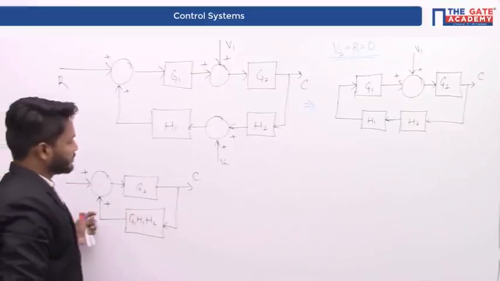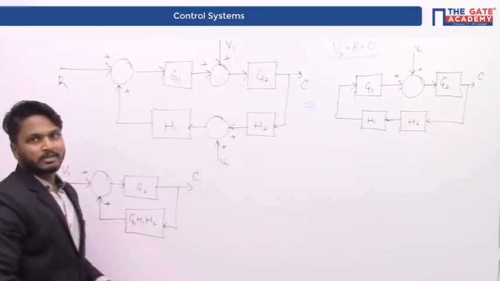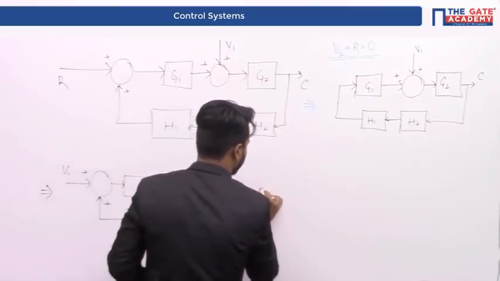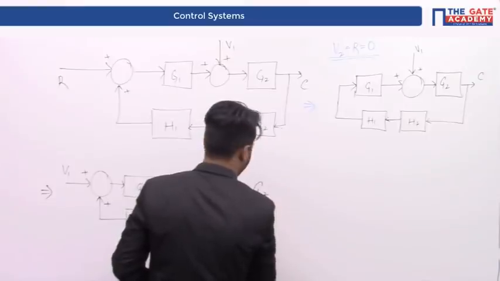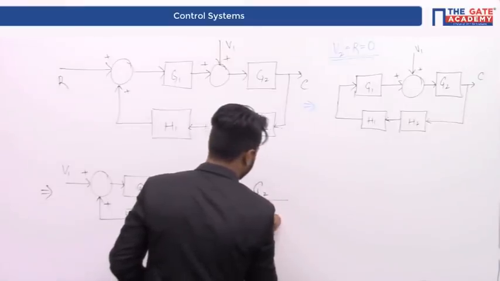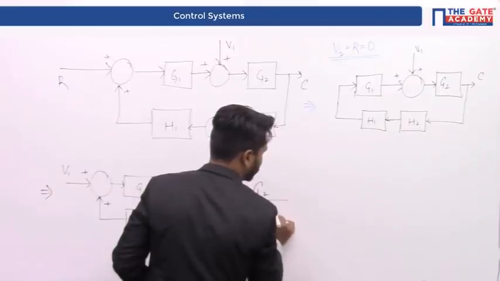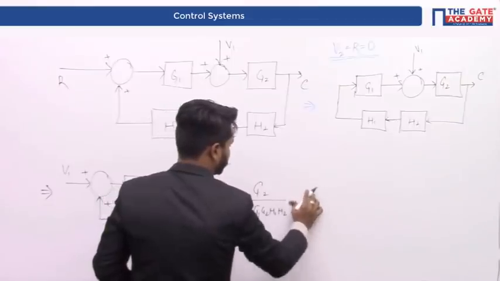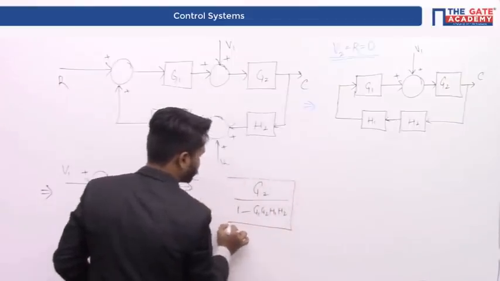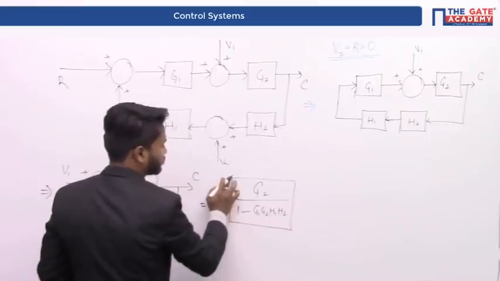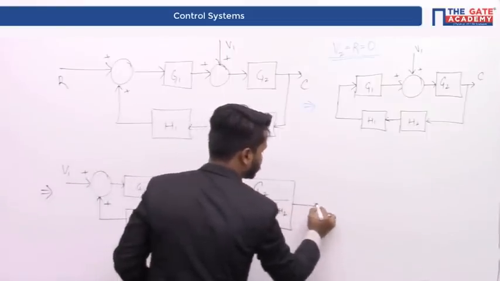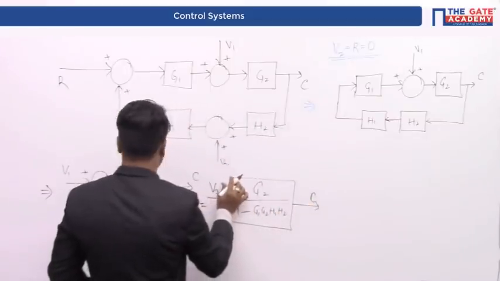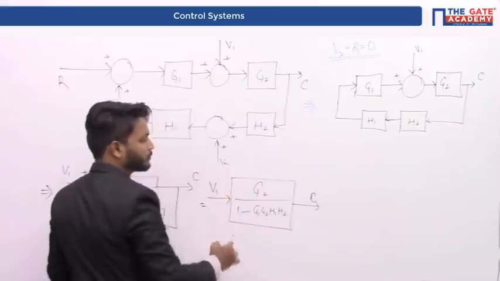Therefore, this is again a simple positive feedback loop. Therefore, it will be equal to G2 upon 1 minus G1, G2, H1, H2. V1 is the input this time.